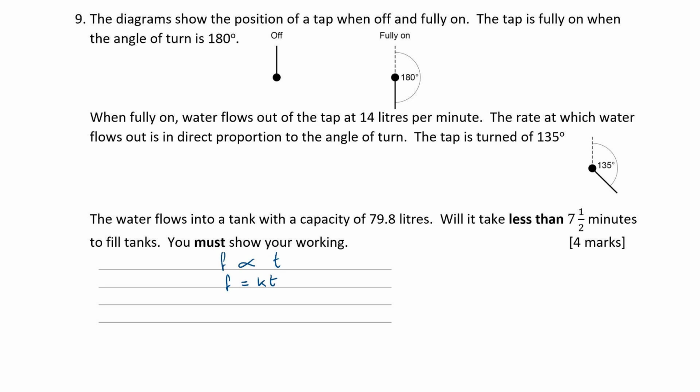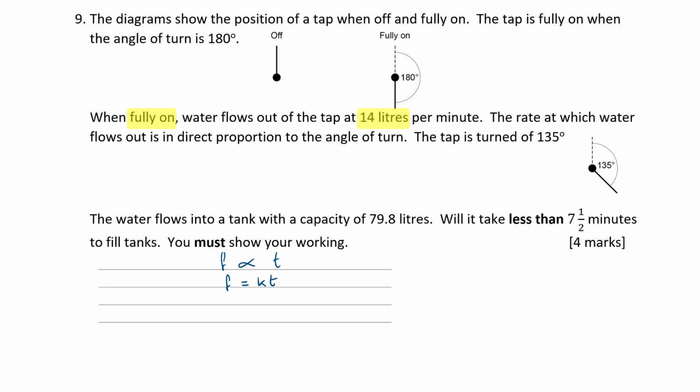Now, normally at this point we're given two values that go together so that we can evaluate k. The pair of values that we know go together are that when it is fully on, the flow rate is 14 litres per minute. And fully on, we already know, is an angle of turn of 180 degrees.